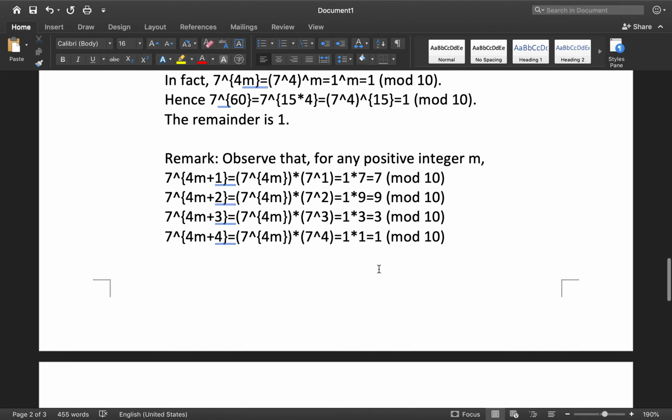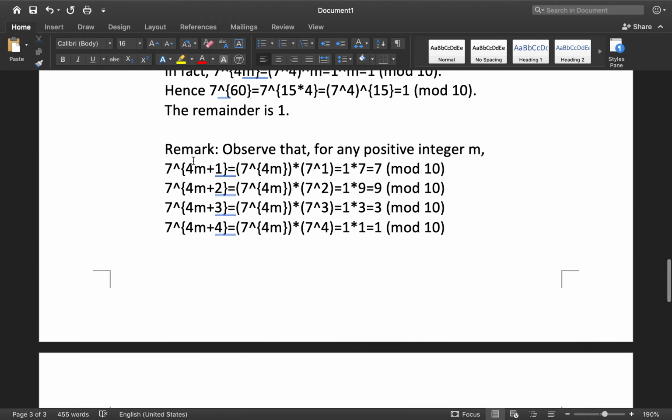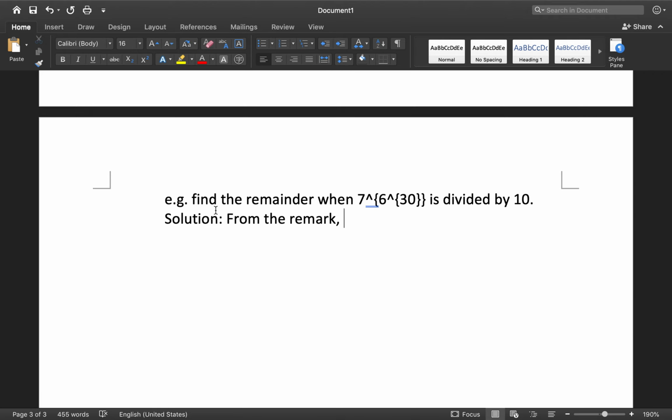So as long as we know whether the power of 7 is a multiple of 4, or whether that power is in the form of 4n plus 1, 4n plus 2, 4n plus 3, or 4n plus 4, if you know the exact form of the index of 7, then you will get the congruence.